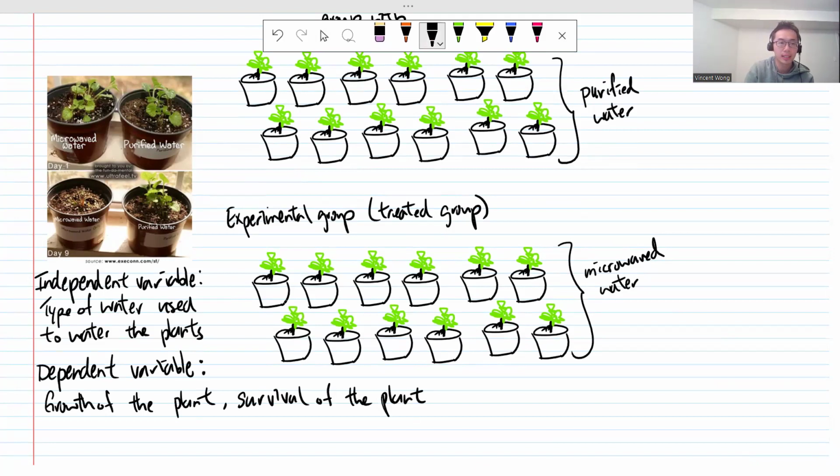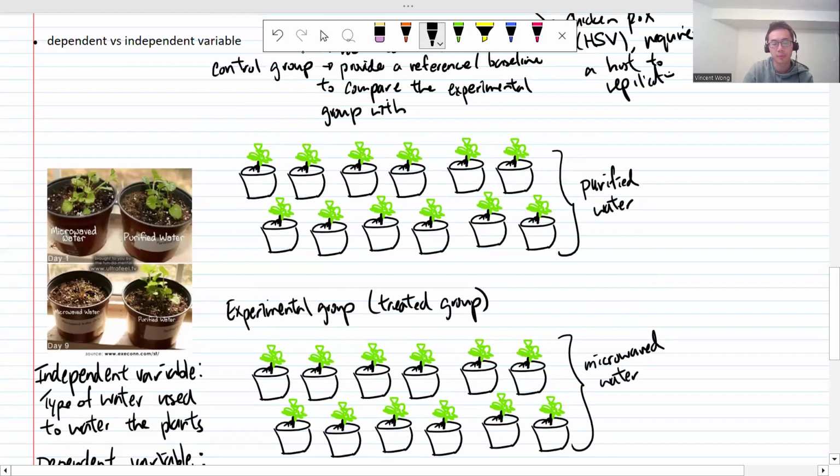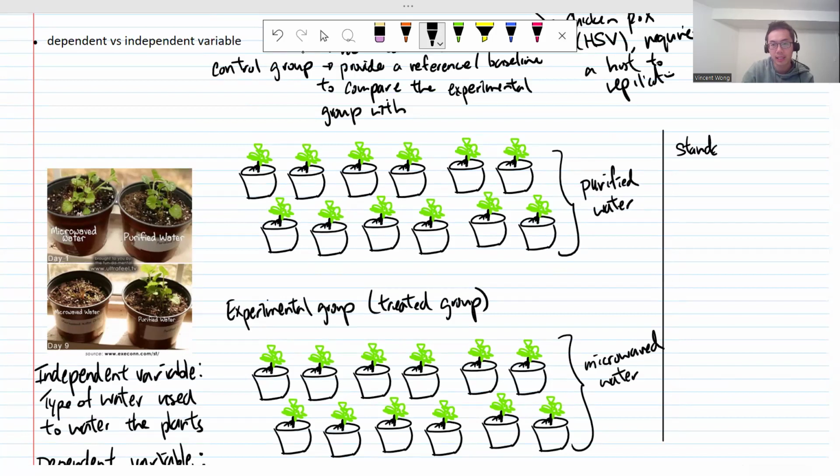Now, other than the type of water, everything between the control group and the experimental group must be kept the same. So here is a list of standardized variables. These are things that need to be kept the same. You can look at your notes for the definition of standardized variable, but very briefly, these are a list of things that need to be identical between the control group and the experimental group.